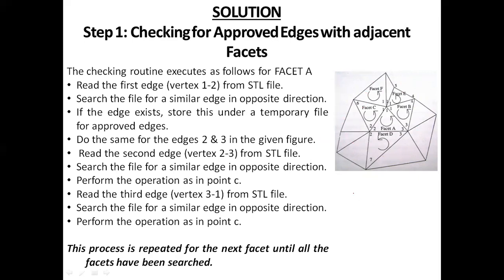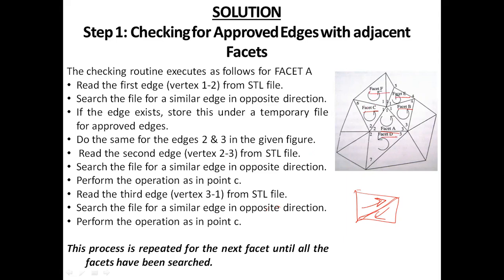If you remember when we were discussing the Mobius rule, we said that every shared edge has an orientability which is opposite in direction on different facets. For a surface patch which is divided into facets, a common edge will have different orientability on the different facets. We are going to utilize this concept to determine whether every facet, like facet A here, facet B, facet C, facet D, E, and F, is valid.